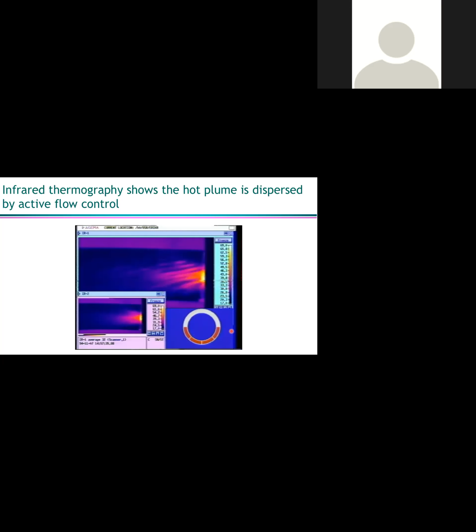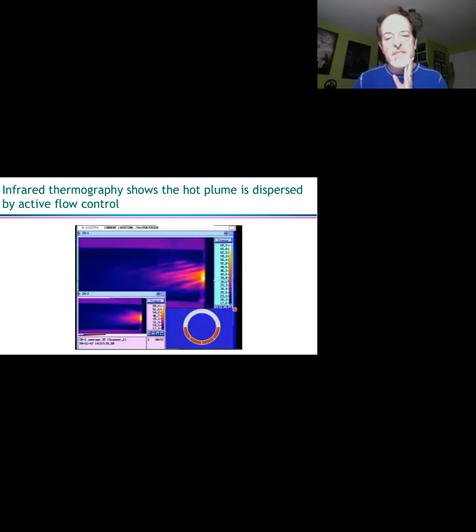So are we looking aft on the engine nacelle, or is this just a representation of where the hot air comes out? It's a side view of the jet nozzle, and this is just a cartoon to show what modes we're running.